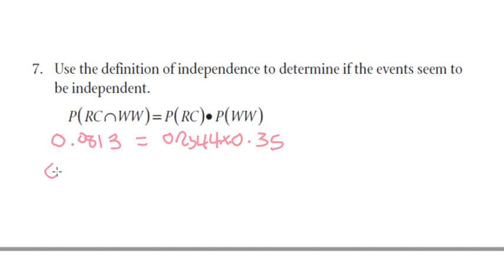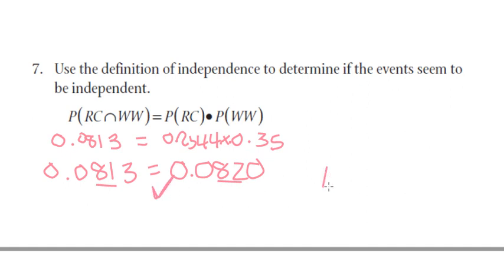So when I multiply, I get that 0.0813 is equal to 0.0820, and I'm going to state that those are pretty much exactly the same there. So I'm going to state that these are much more like independent events.